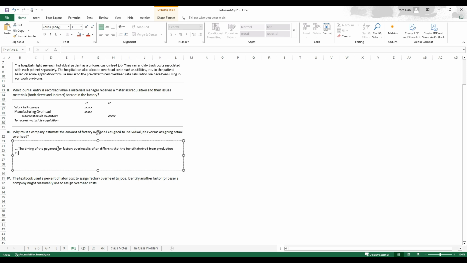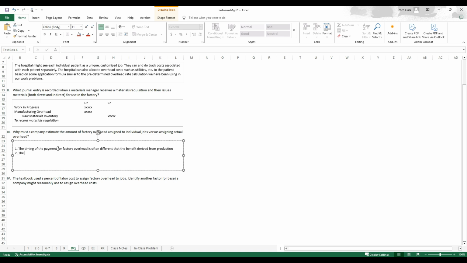So it's really hard to specifically match up the timing of when the payment for that specific amount is going to be applied, especially things like a factory supervisor's salary, for example, or rent or property taxes, things of that nature. It's very difficult to match that up with the timing of production. So the timing is an issue.